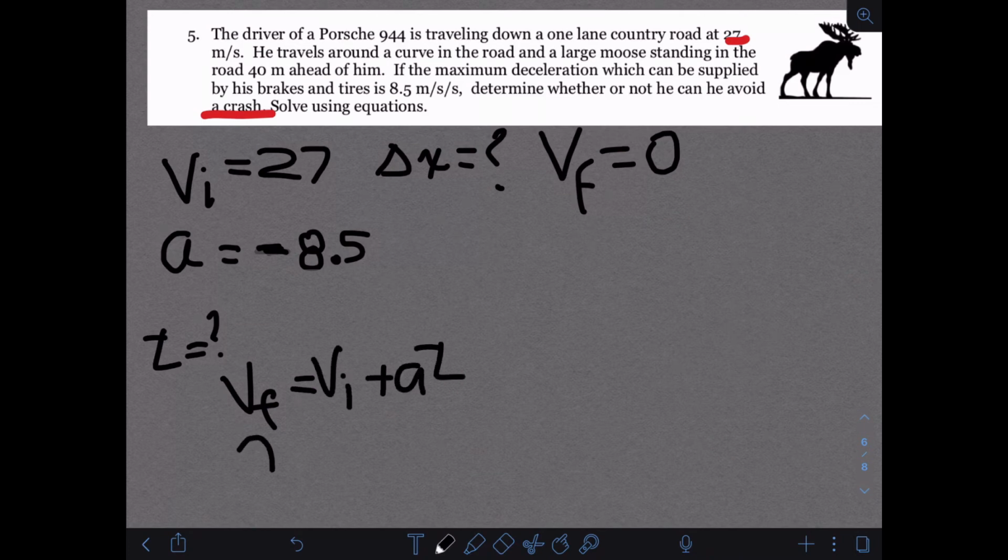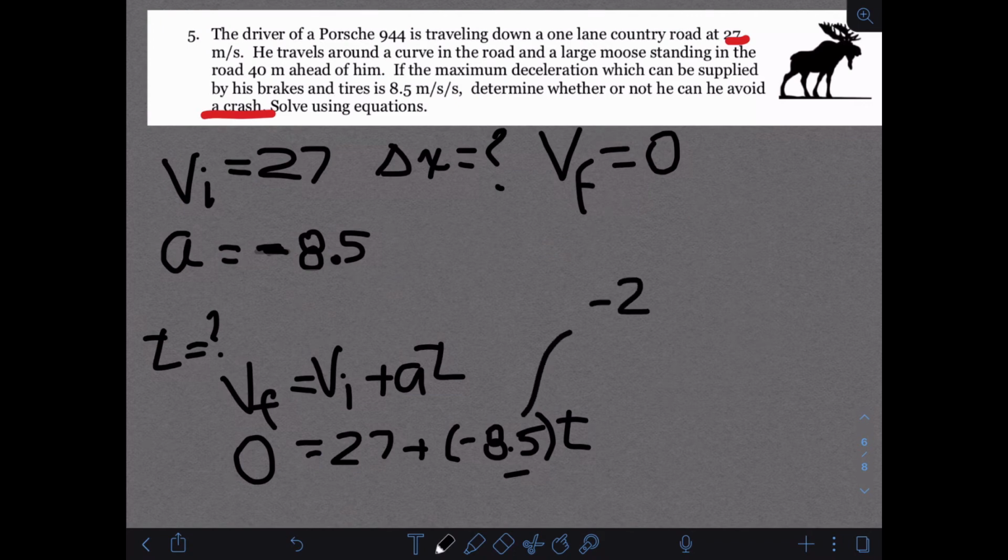So we know we want it to stop. We're moving at 27 meters a second. We are going to lose 8.5 meters per second every second the car is traveling. So you're seeing this is 8.5 is almost 9. That's 27. It's going to be about 3 seconds. Let's do the math. Negative 27 equals negative 8.5 times t.